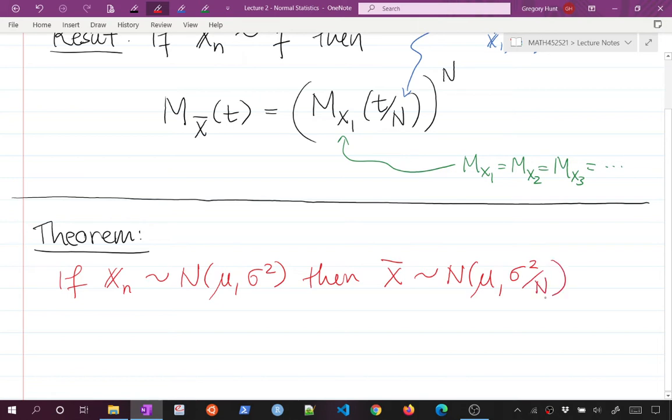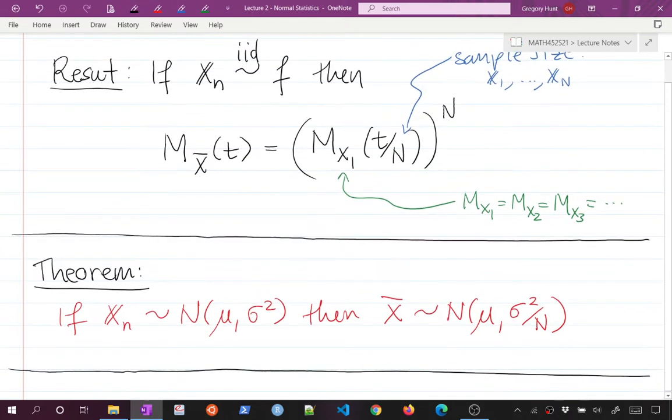This is something that you may have seen, for example, in an introductory statistics course, and this is the proof. This theorem, this result that I stated, we proved the result. This is why it's true.